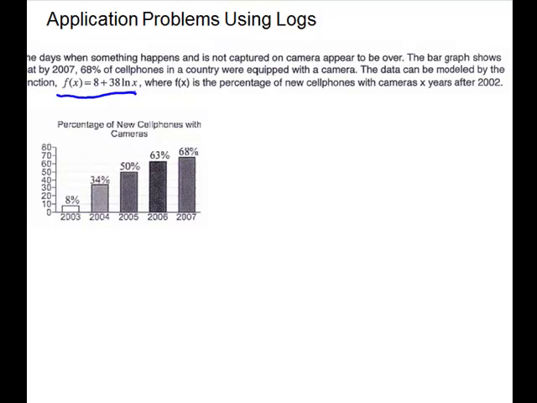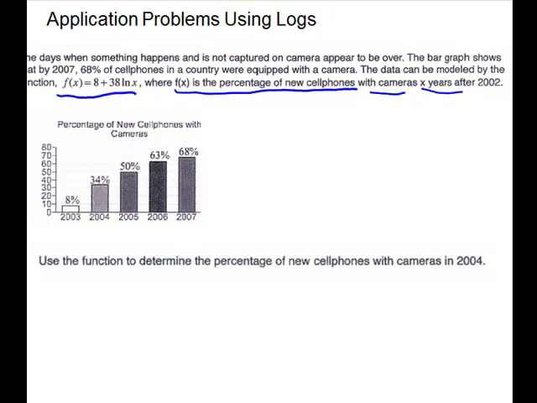F of x is the percentage of new cell phones with cameras x years after 2002. So x is going to be our years after 2002. F of x is going to be the percentage of new cell phones. And they gave us just a picture to look at there.